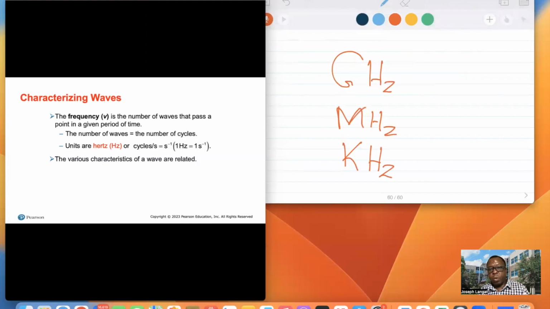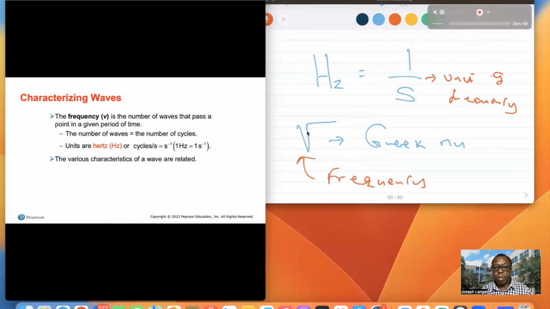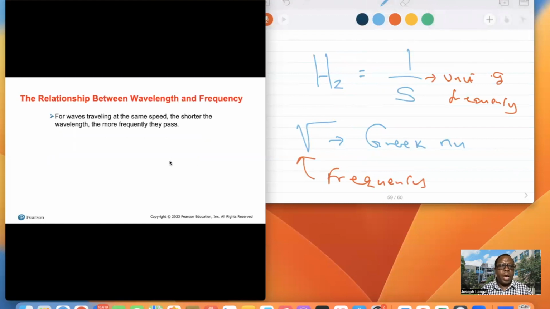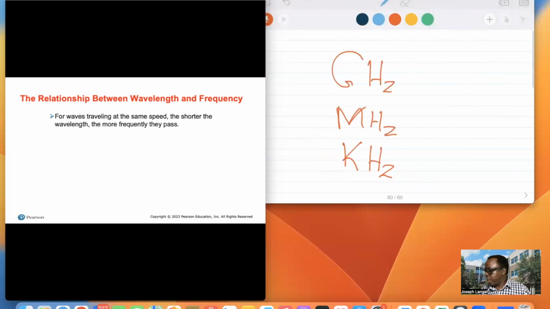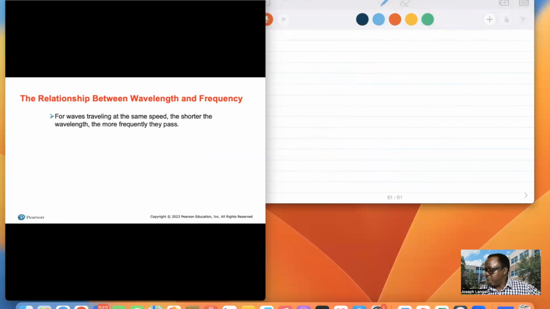As we progress with the course, there are some concepts you need to recall, or are expected to know before you move on. So back to frequency, we use the symbol nu here. It looks like a V, but it's not. Don't think that it is a V. All these are now interrelated: frequency, wavelength, and the speed of light. Look at this, the relationship of wavelength and frequency with the speed of light in a vacuum.